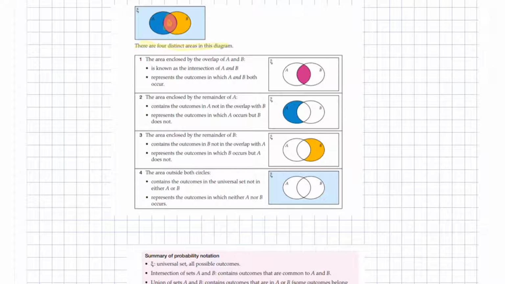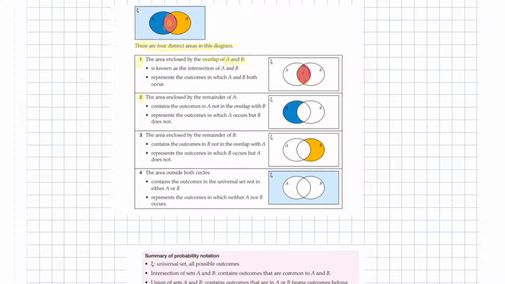There are four distinct areas in this diagram. Area number 1 is the area enclosed by the overlap of A and B, so we are talking about this area in the middle.